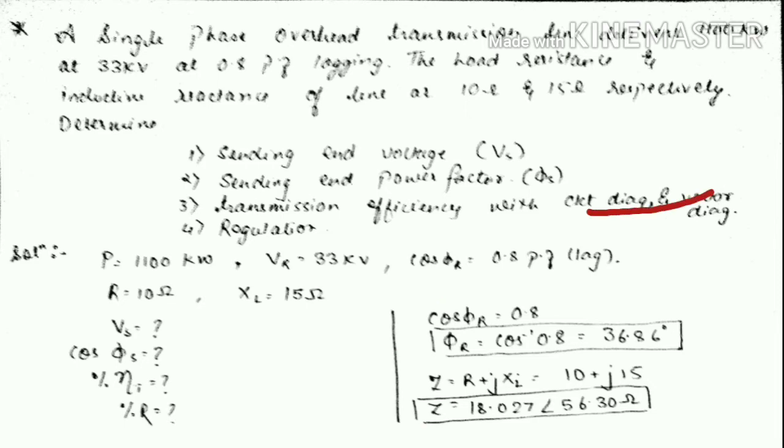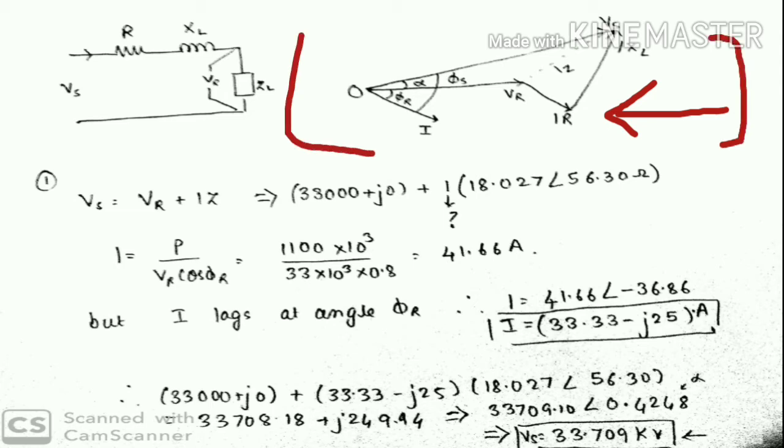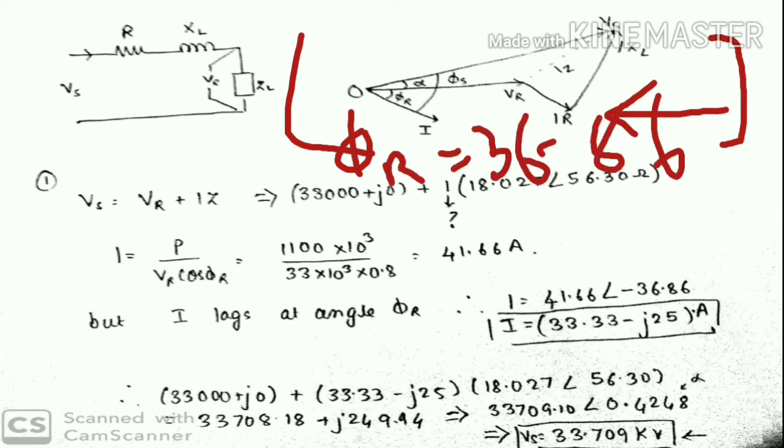Now we will draw the phasor diagram. Always remember, this type of problem basically is solved by using this phasor diagram. So the short transmission line phasor diagram is drawn like this. Here you can see the current is lagging at the angle phi r. And what is the angle phi r? It is nothing but the 36.86. So the current is lagging at 36.86 degree, but it will be a minus value.